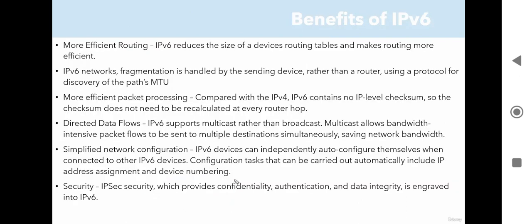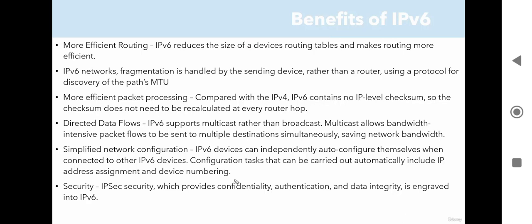So the benefits of IPv6: we get more efficient routing. IPv6 reduces the size of the device's routing tables and makes routing more efficient. In IPv6 networks, fragmentation is handled by the sending device rather than every router in the path.